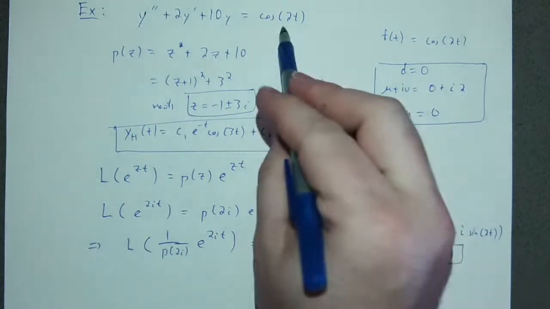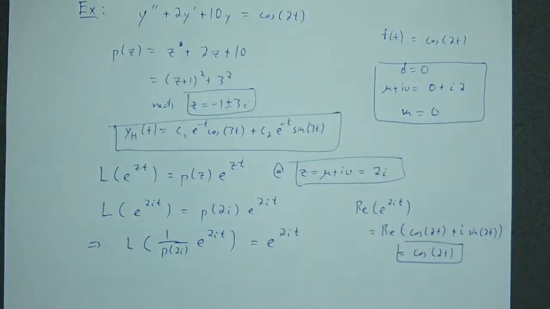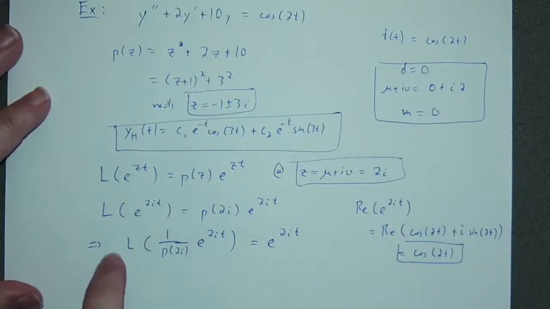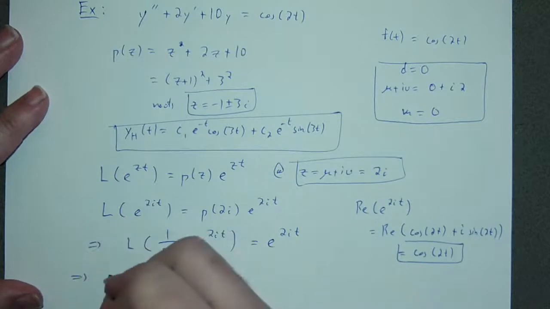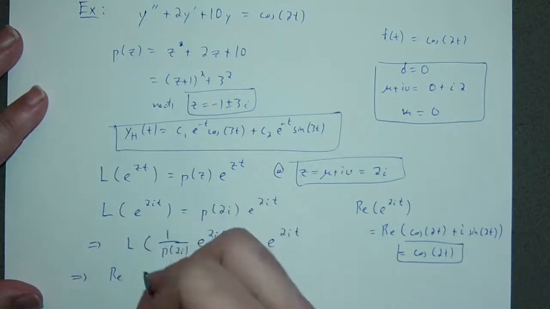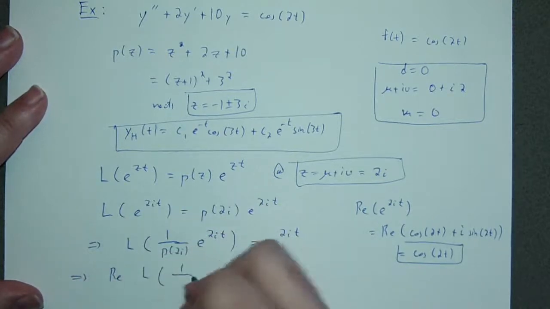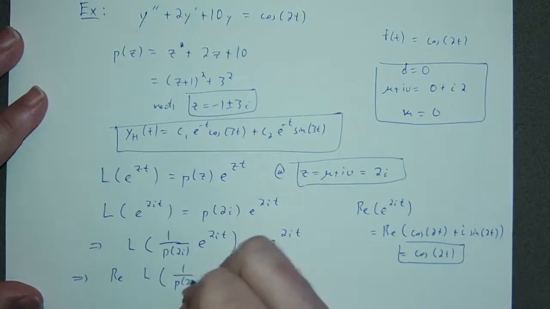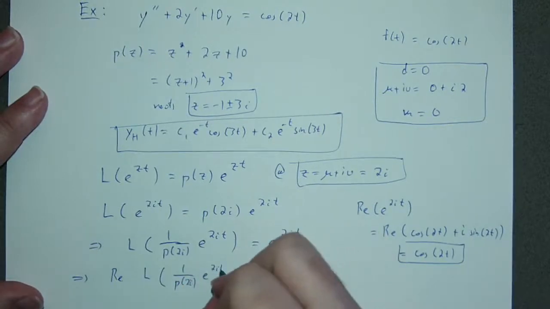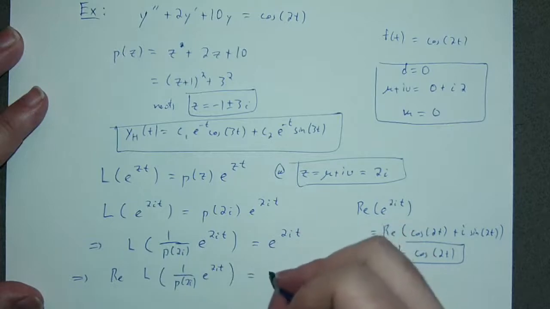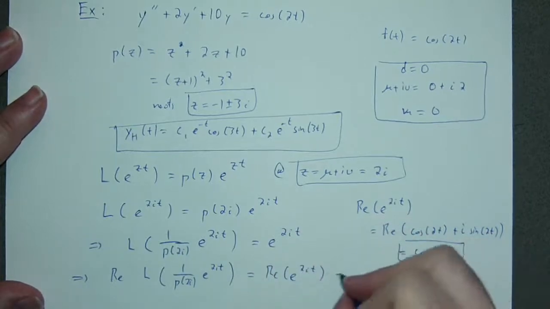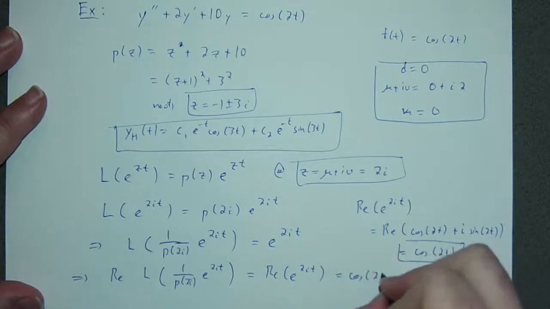That is exactly what we want on the right-hand side. So really what I need to do is take the real part of both sides. Can I do that? Can I take the real part of this and the real part of that and be happy? Yes. So I take the real part of L of 1 over p of 2i e to the 2it, which is equal to the real part of e to the 2it, which is cosine of 2t.